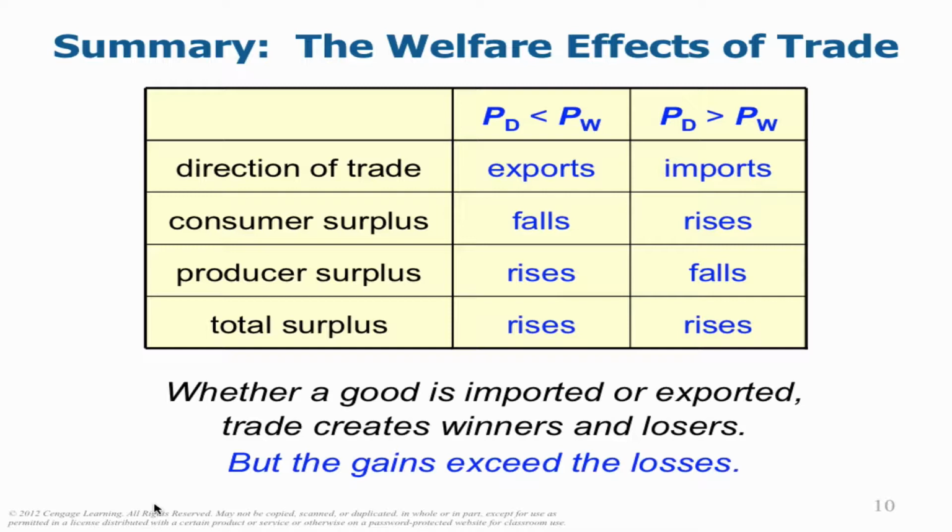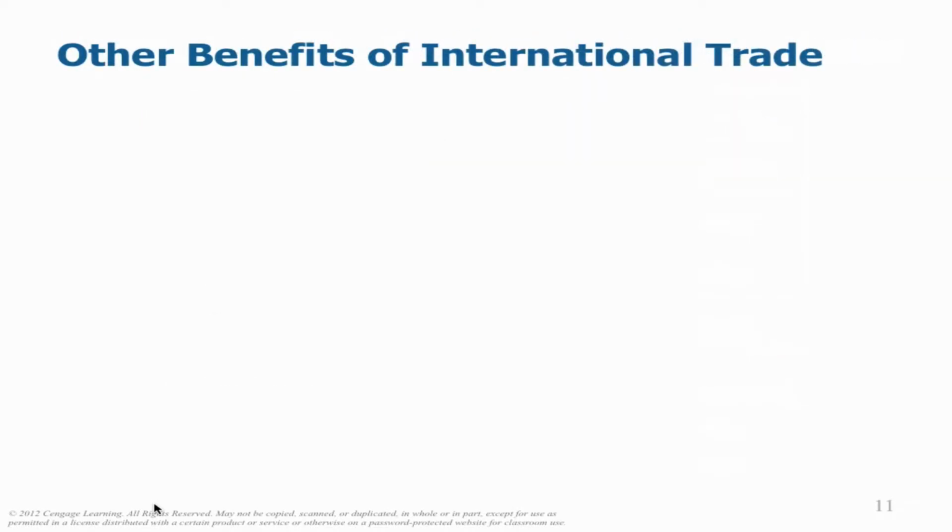One team is going to lose, ultimately, but it will still have won. There's no such thing as bad publicity. Even if you lose the World Series, you're still better off because you were there, because you got those economic benefits. Alrighty, other benefits of international trade.